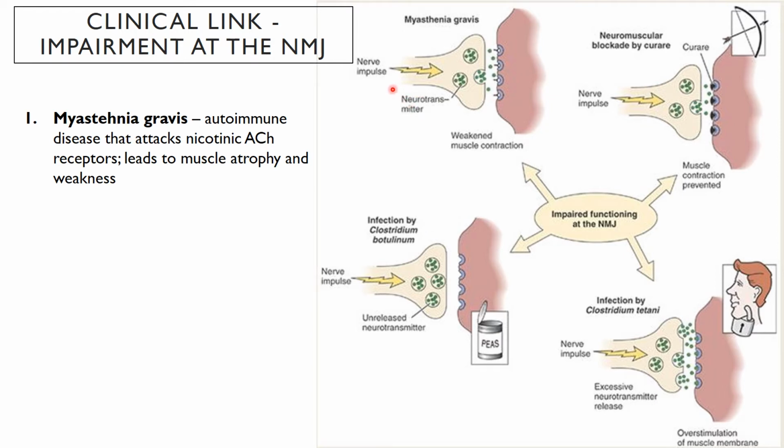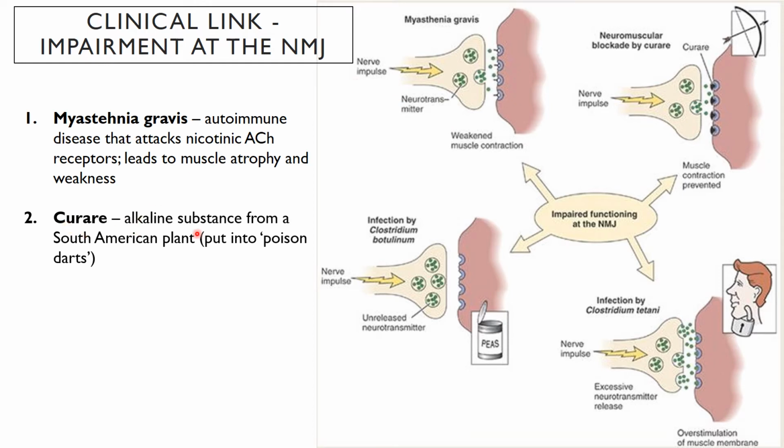So when a motor neuron fires and releases acetylcholine into the synapse, it can't act on these receptors and you get weakened muscle contraction. Right? If you have something blocking the receptors, then you can't get the release of calcium from the endoplasmic reticulum, and so then you have weakened muscle contraction. But because this is a constant condition, you will have muscle atrophy occurring over time. So these muscles don't get exercised and they just sort of break down and become very, very weak. It's a pretty terrible condition for people that have it.